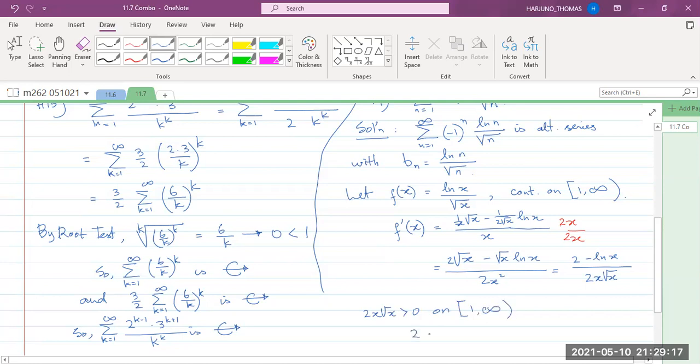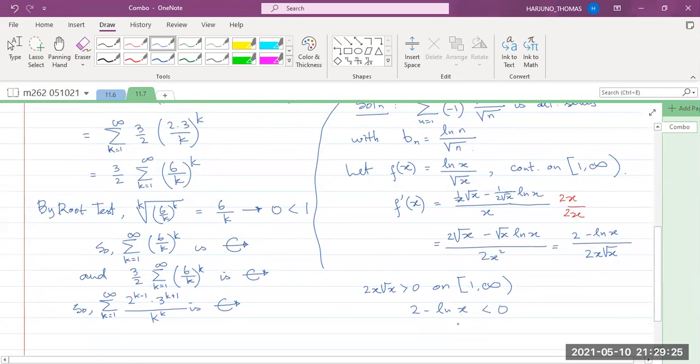Now 2 minus natural log of x will be negative where 2 is less than natural log of x, that is, e squared is less than x.